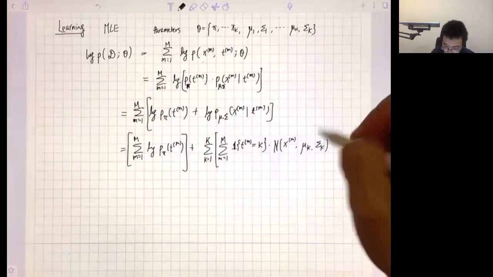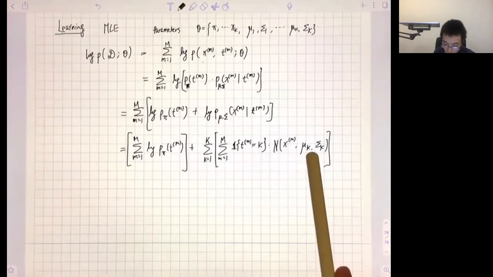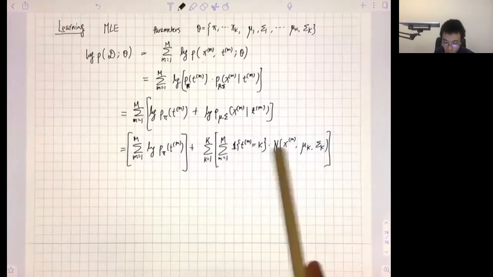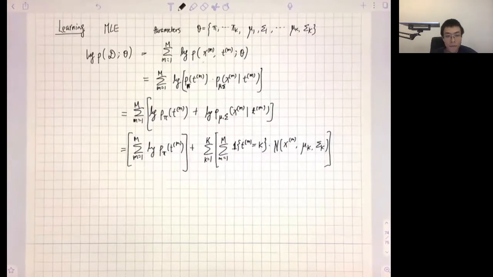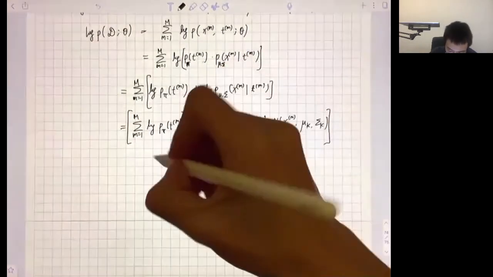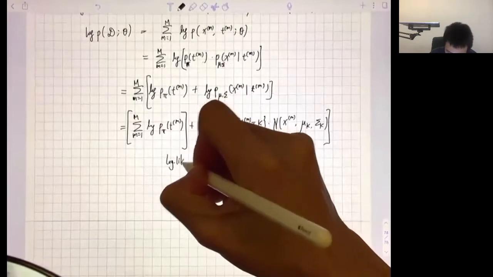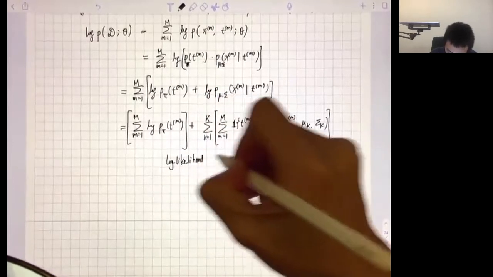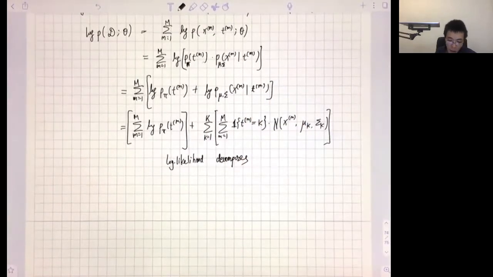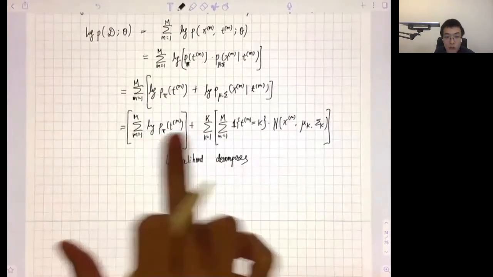And with each summation over k, the probability only involves the parameters mu k and sigma k. It doesn't involve pi. It doesn't involve other things, okay? So this is a little derivation showing that the log likelihood decomposes, okay?